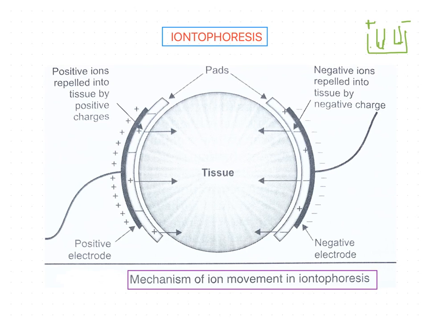So there is movement of positively charged ions towards the negative pole and movement of negative ions towards the positive pole. The same thing also happens in the mechanism of ion transfer in iontophoresis.